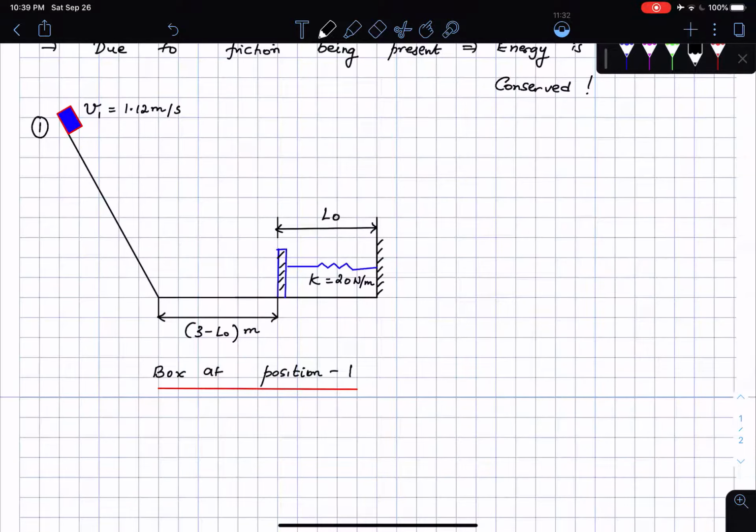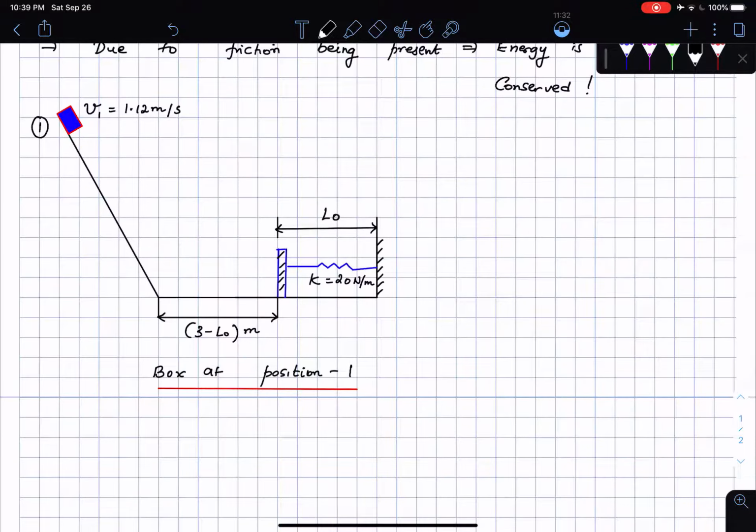So I'm going to write that here: say the maximum compression of the spring at position 3, which is this position here. I'm going to call this position 3, is x max.